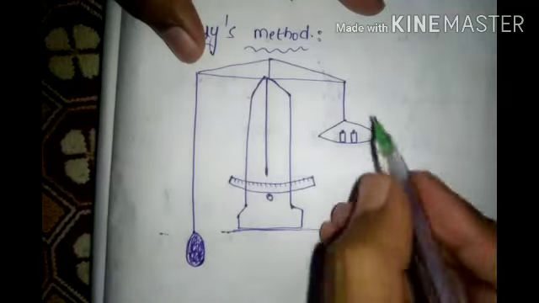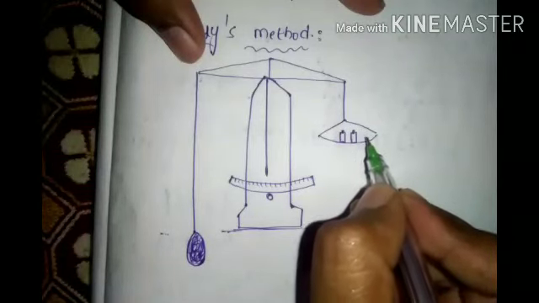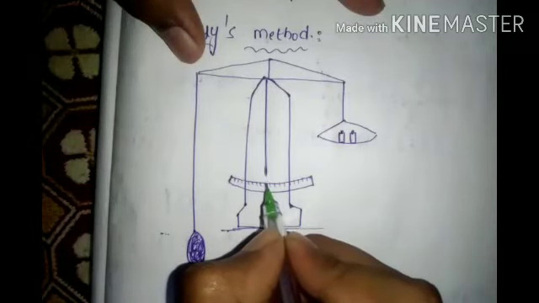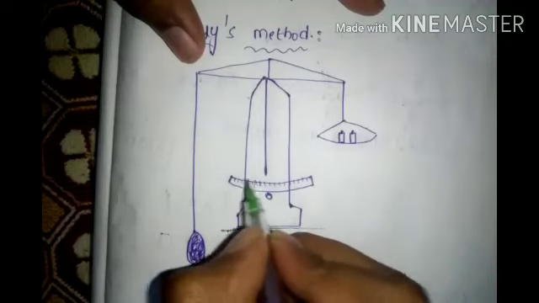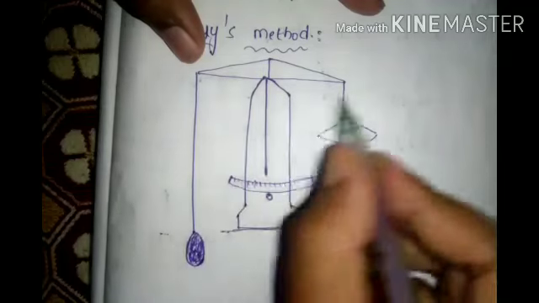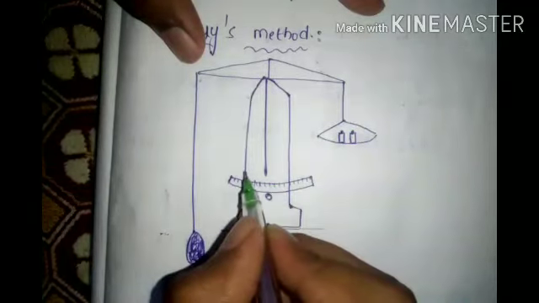For example, if we take some extra weight, the pointer will come to 1, 2, 3. It will increase. It will go this side.